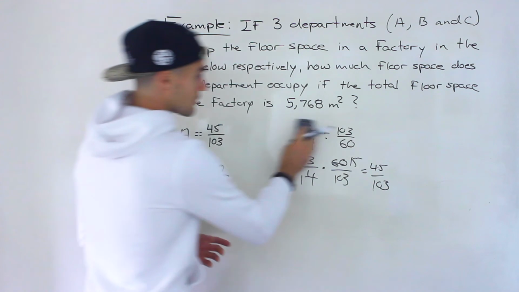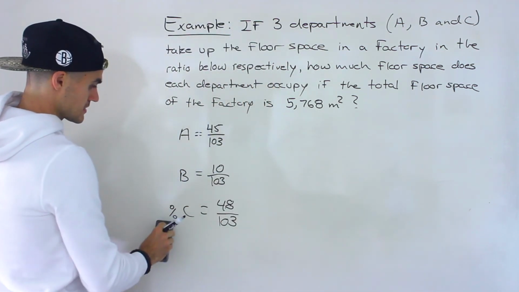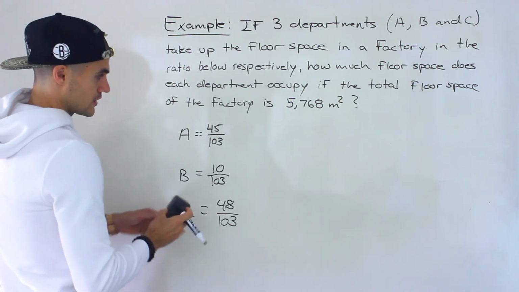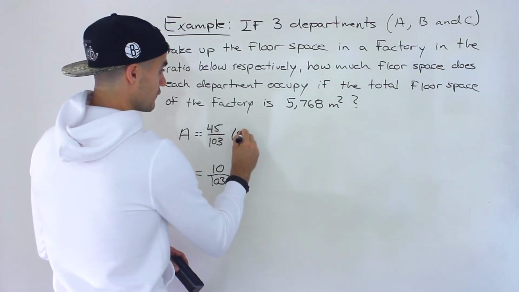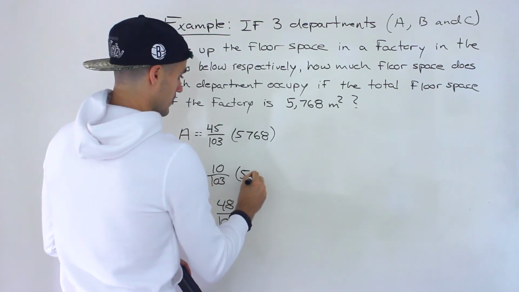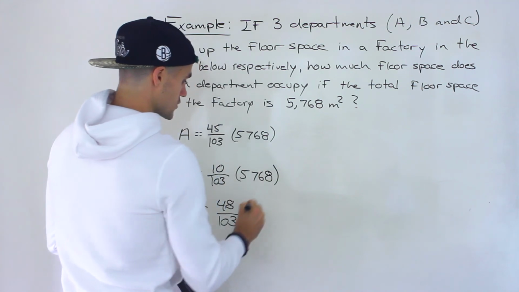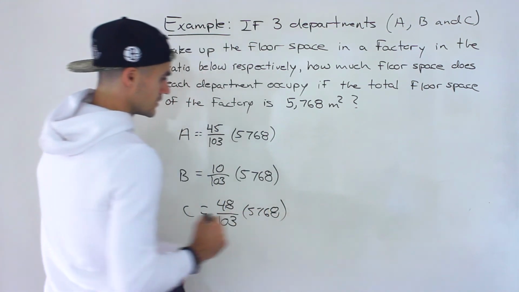And once we have these fractions, well, now to get the floor space for each of these departments, we just have to take the fractions and multiply it by that 5,768. And that's going to give us the meters squared for each respective department.